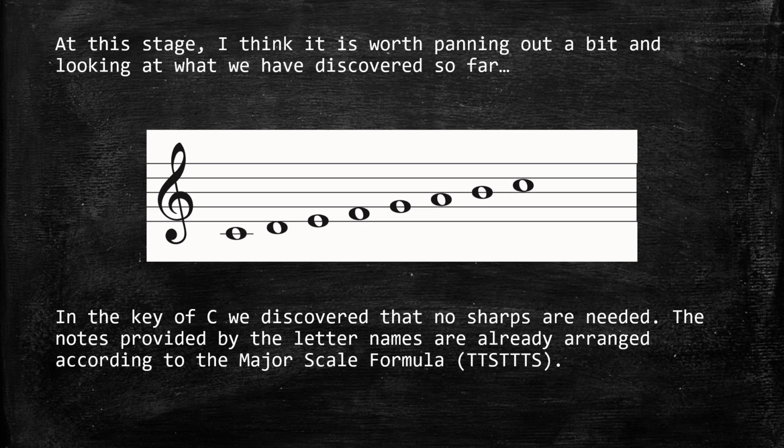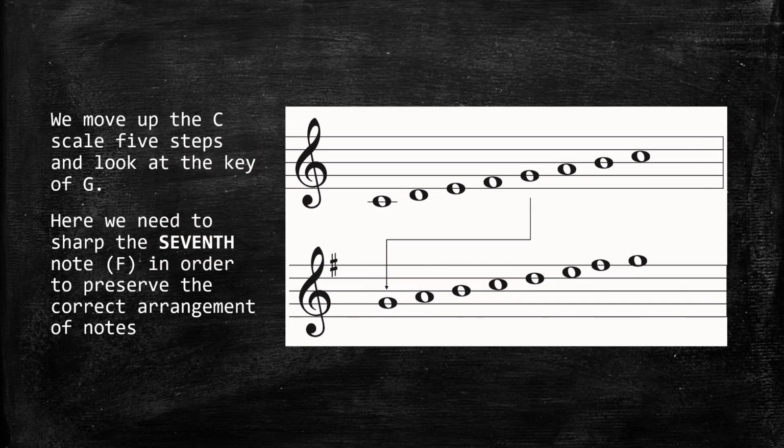At this stage, I think it is worth panning out a bit and looking at what we've discovered so far. In the key of C, we discovered that no sharps are needed. The notes provided by the letter names are already arranged according to the major scale formula. We move up the C scale 5 steps and look at the key of G. Here, we need to sharp the 7th note, F, in order to preserve the correct arrangement of notes.